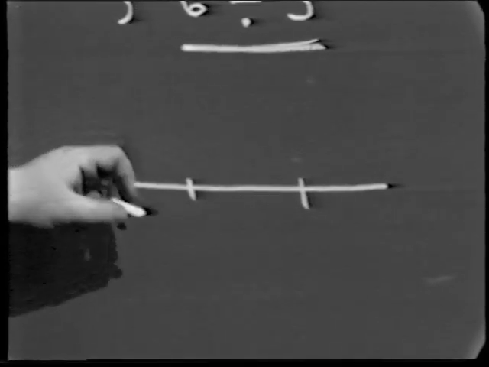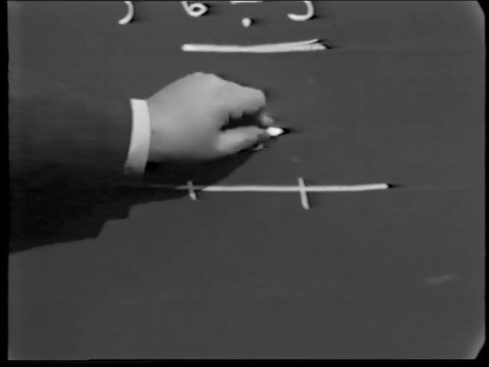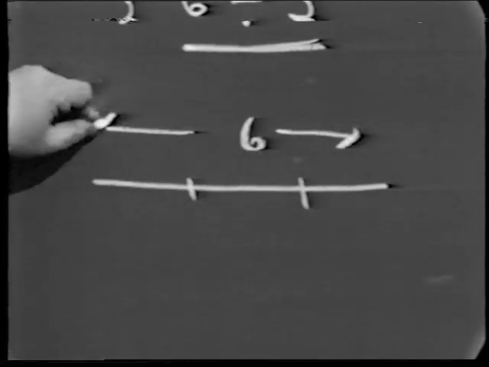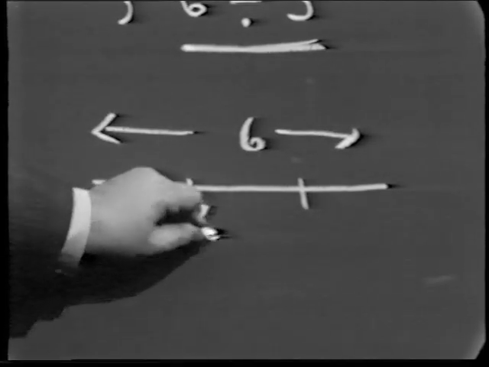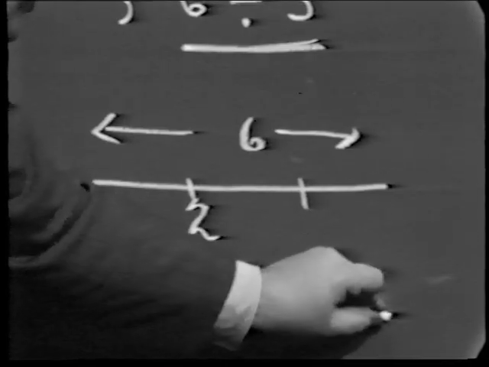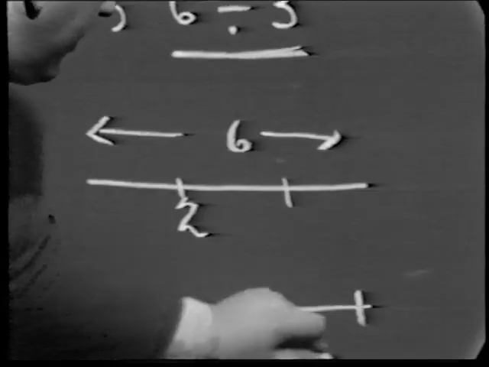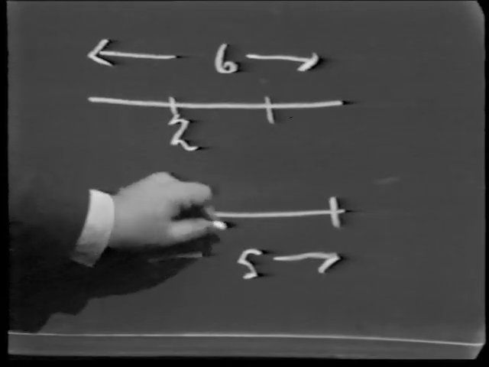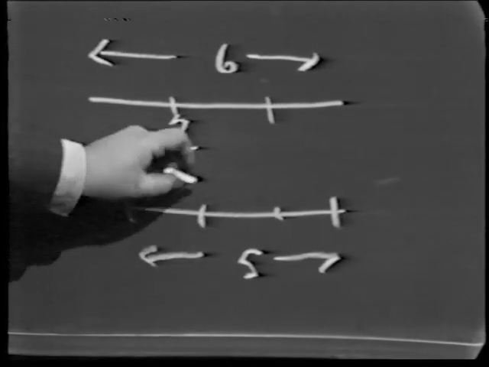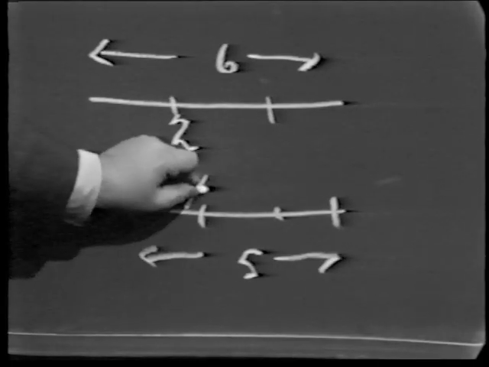To be sure, if this line happens to be 6 units long, this point is named 2. And if, on the other hand, the line happens to be only 5 inches long, the resulting point is named 5/3.